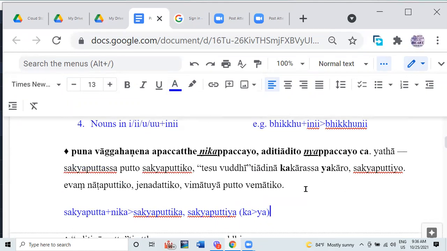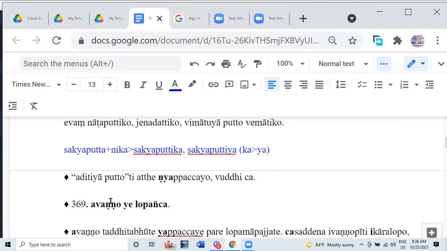So let's go on. Ditiya Podoti Ate. So in the sense of the son of Didi. Didi means female deity, angel. In fact, the word angel includes both female and male, right?